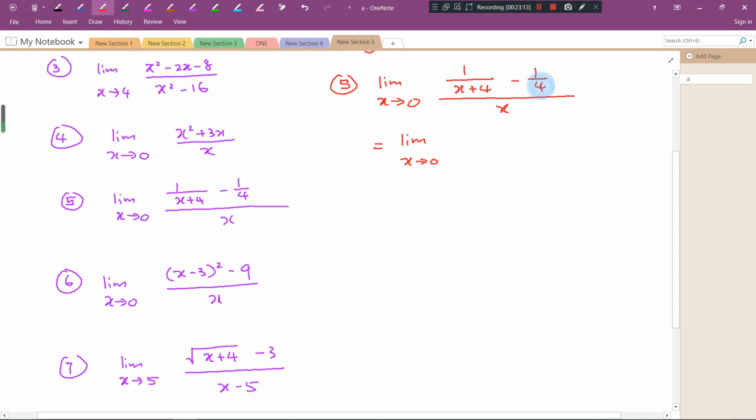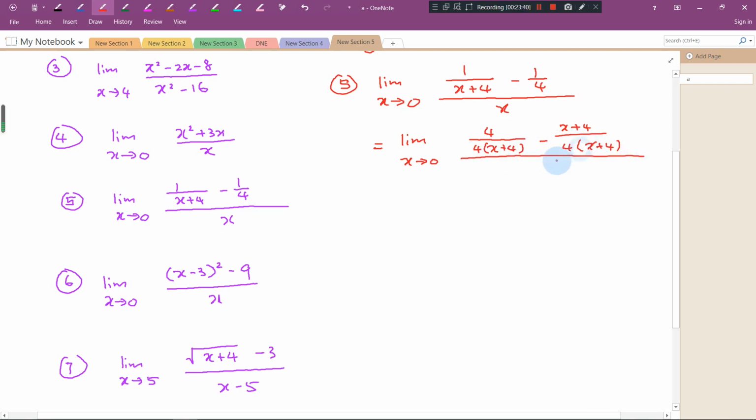So we try to change the denominator of the fraction here to be the same first. Here I times 4, times 4. Here I times x plus 4, x plus 4. So I will get 4 over 4x plus 4, and here I will get x plus 4 over 4, x plus 4.